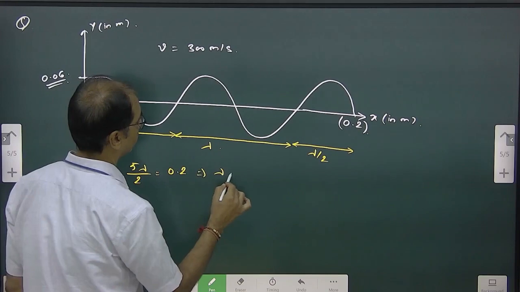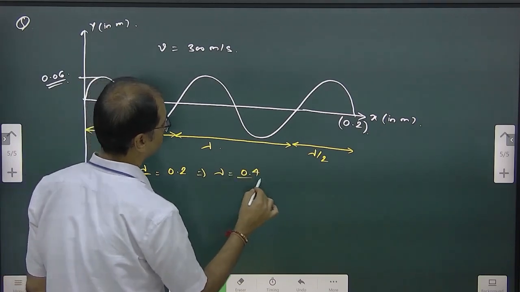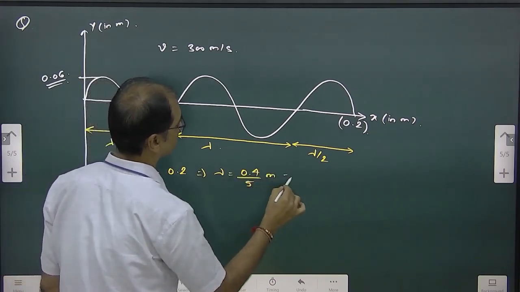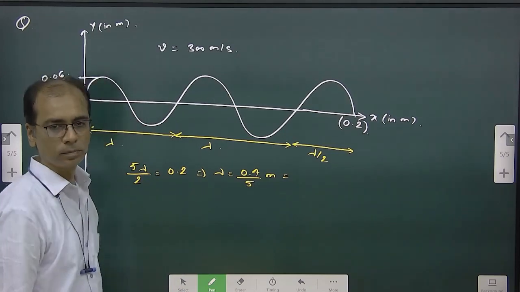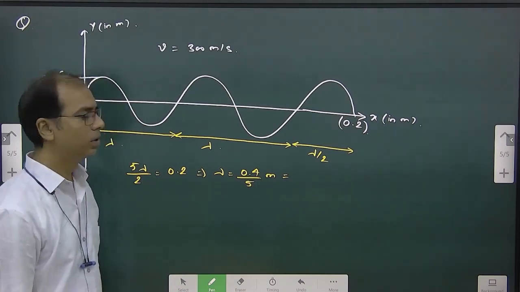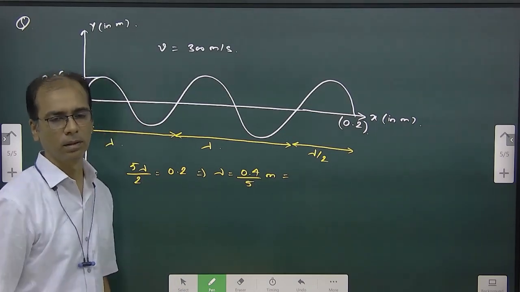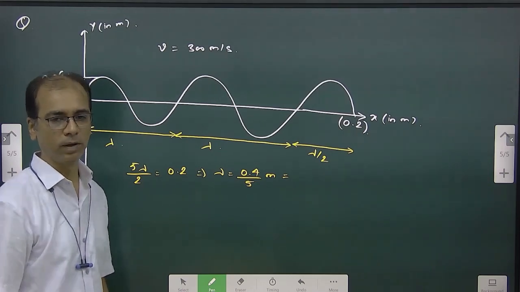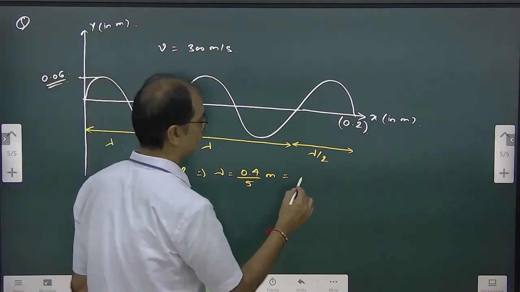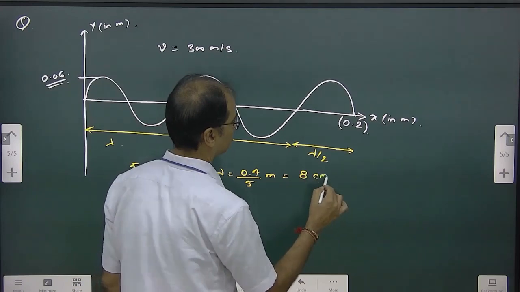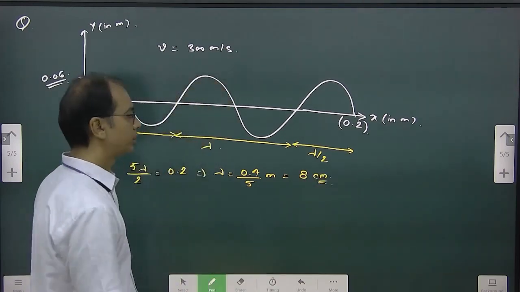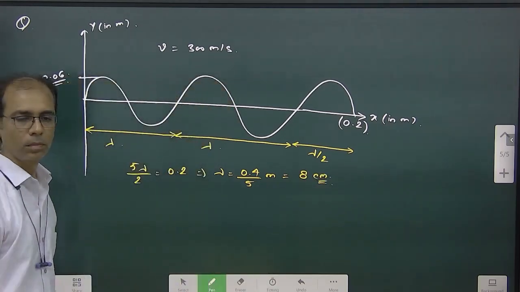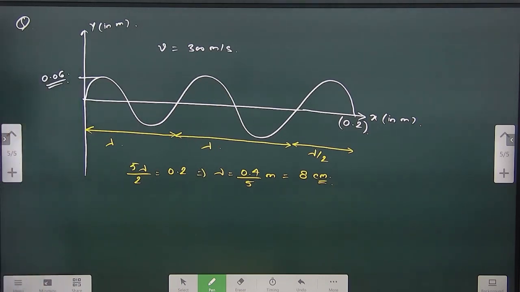So lambda equal to 0.4 by 5 meter. So 0.4 into 100, that is 40 by 5, that is 8 centimeter. Okay, so that's lambda.